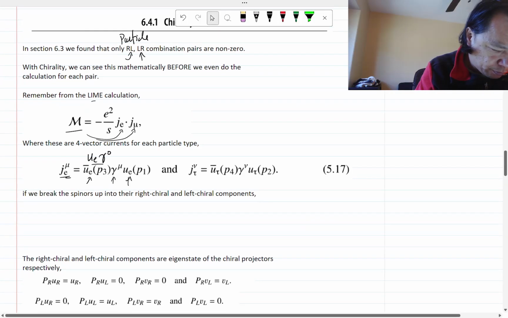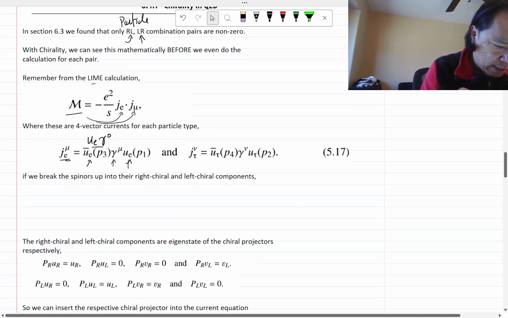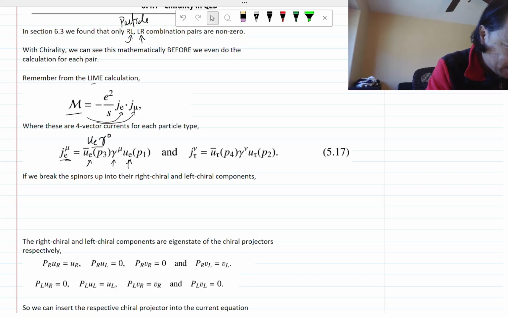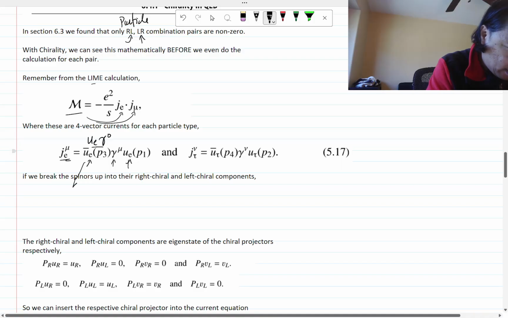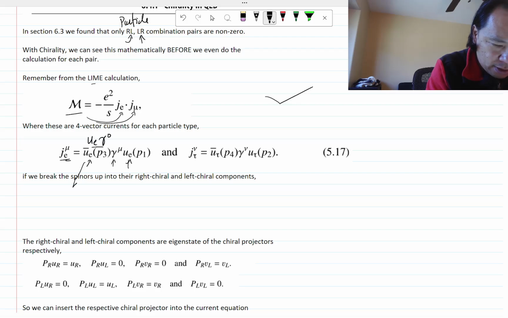So what we just learned is that we can break these currents up into their left and right chiral components. So for example, up here, let's just do this as an example. I know we don't calculate this, this is actually electron scattering.